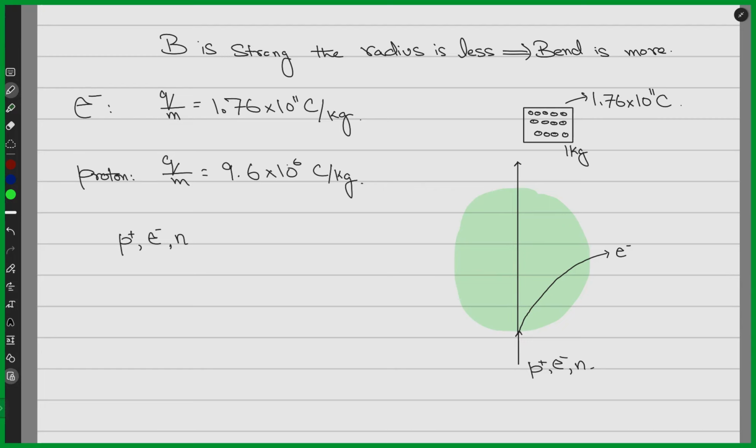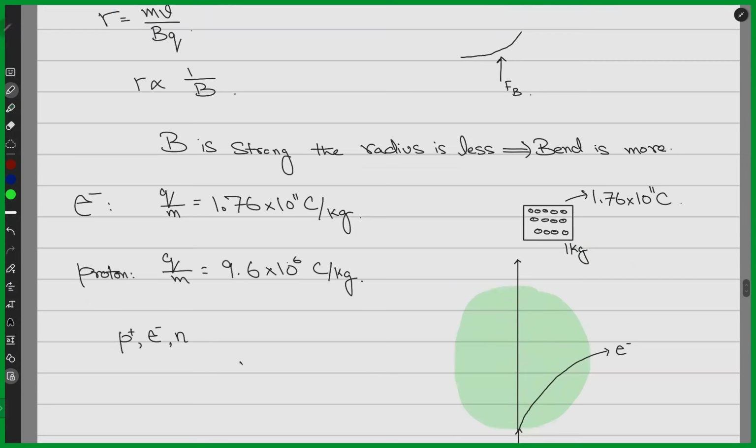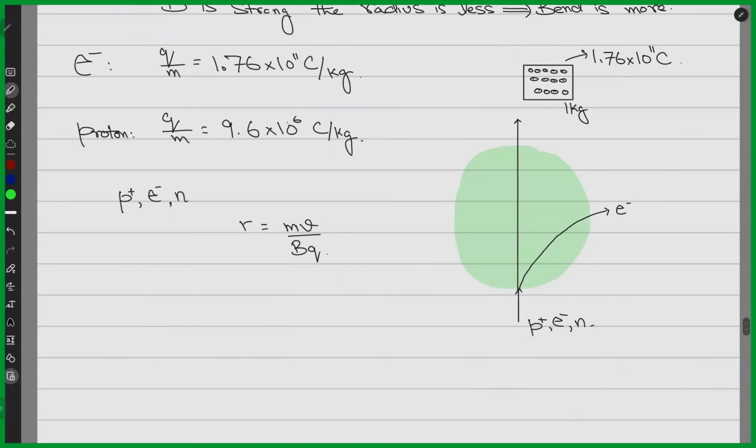For the proton? Okay, so just look back at this equation for radius, right? R equals M V over B Q. If I write this for the proton, it would be mass of proton times velocity divided by B Q, while for the electron it would be mass of electron.